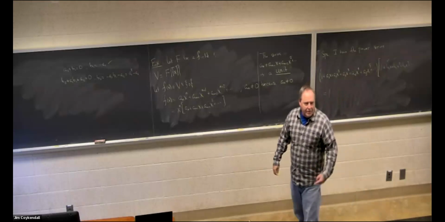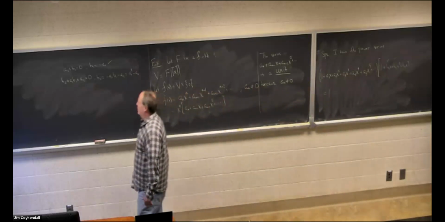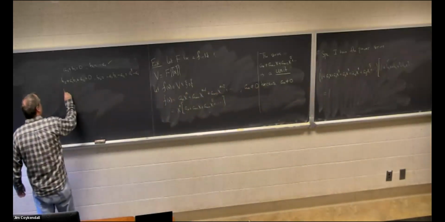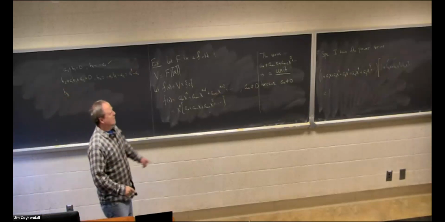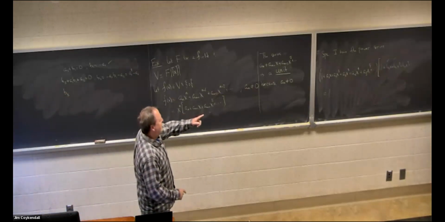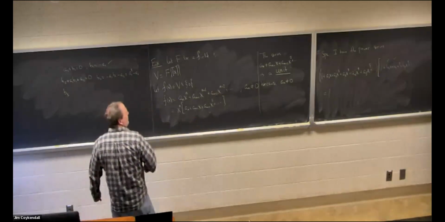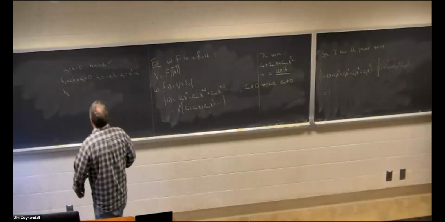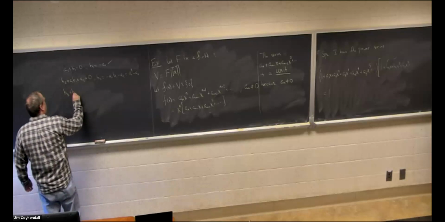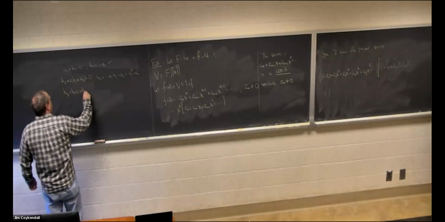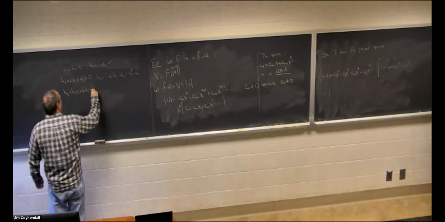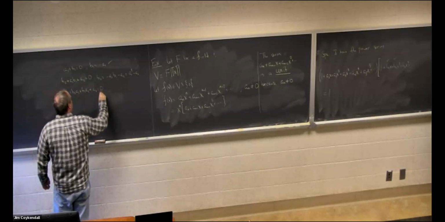Now I've got to determine B3. Well, B3 times 1, so I've got B2 A1 plus B1 A2 plus A3 is equal to 0.